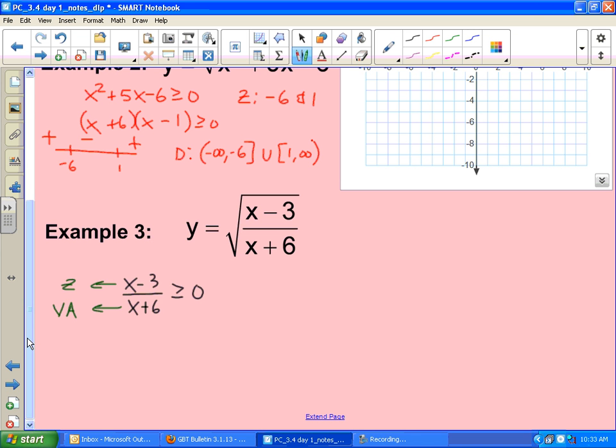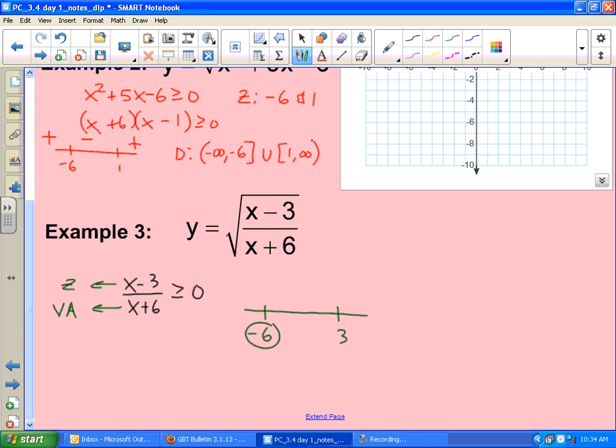Okay, so Austin, you said zeros. So what are my zeros for this function? There's only one of them. There's only 3. And then I suggested, so you don't forget that you can't include it, put a circle around your asymptote. And now we just sign chart it, just like we did before. So put something in here.